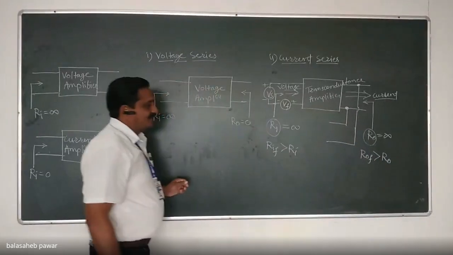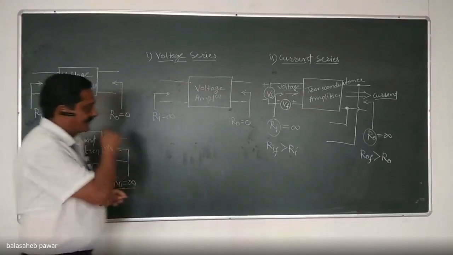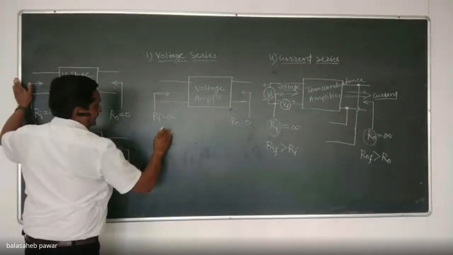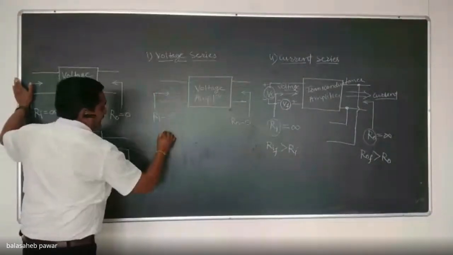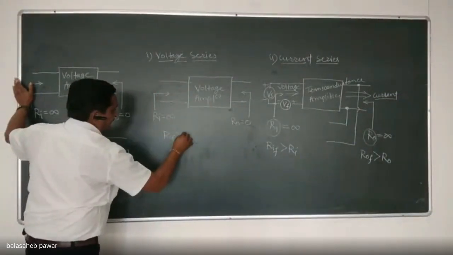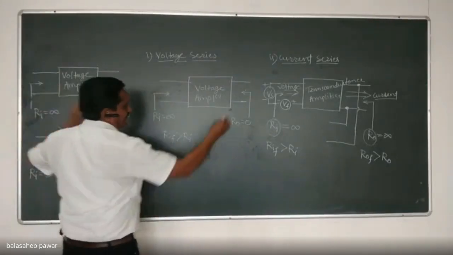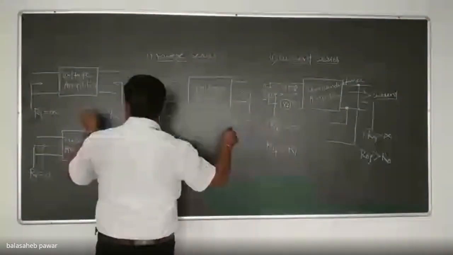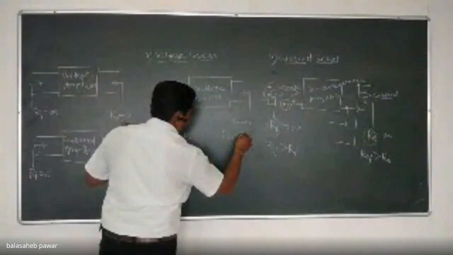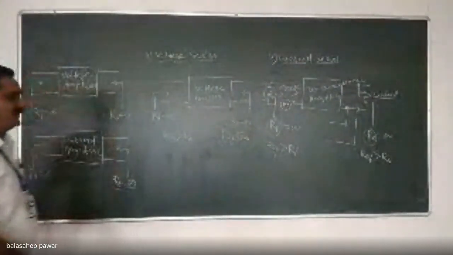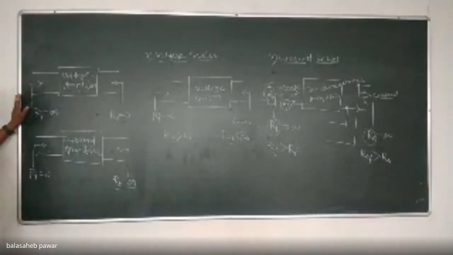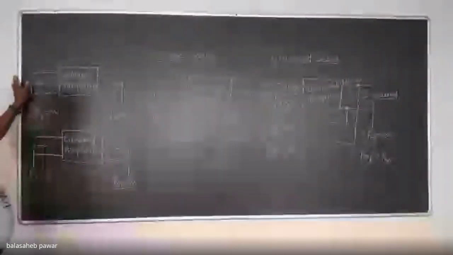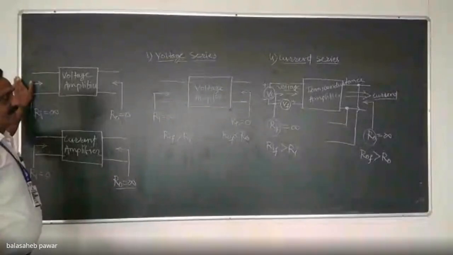Is it clear now? In this case, for voltage series, RIF is greater than Ri, and as output impedance ideally is 0, that means ROF should decrease as compared to RO without feedback. Is it clear? Yes, sir.